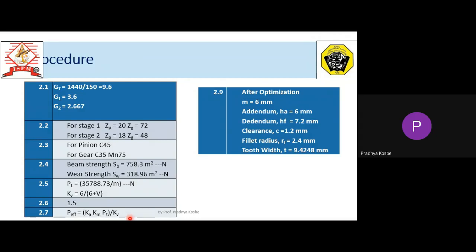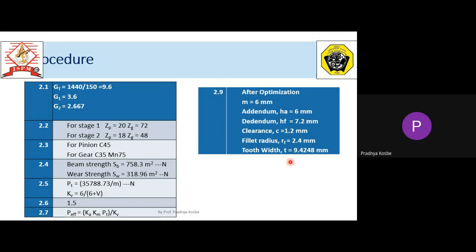So after this, whatever module we calculate, that module is 6 mm. Addendum Ha is equal to 6 mm, because addendum is equal to what? 1 times the standard module. So addendum will be equal to module, that is 6 mm.